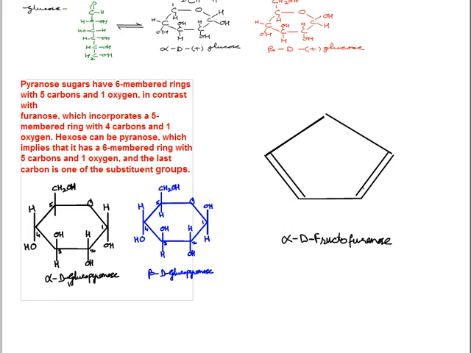Now to have this formula of alpha D fructofuranose, this is a furan form as we know now, and we put an oxygen over here. Importantly, there are no more double bonds here, so we just remove these double bonds, and they basically all are single bonds all around.